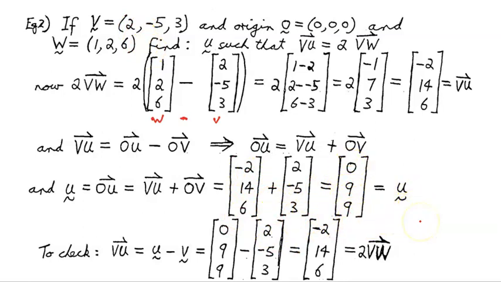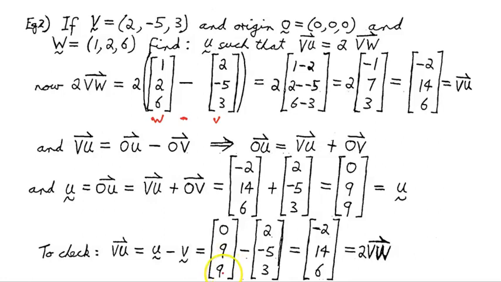That's U. Now to check, VU is going to be the final vector U minus the initial vector V. That gives us our change from V to U. That takes us in the direction from V to U, final minus initial. Always in maths and science, we're looking at the final state minus the initial state.